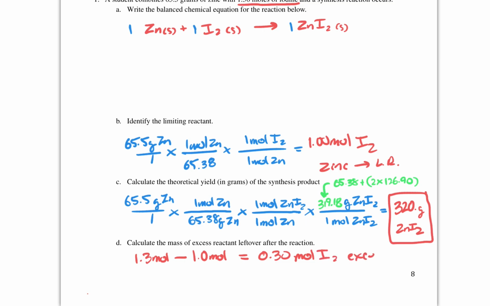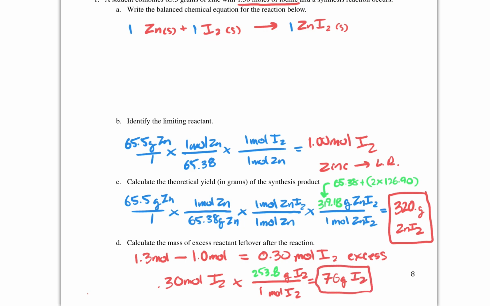Now I can simply convert this into grams using the molar mass of iodine, and I'm going to find out the mass of excess reactant left over. So we will have 76 grams of iodine remaining after the reaction has stopped.